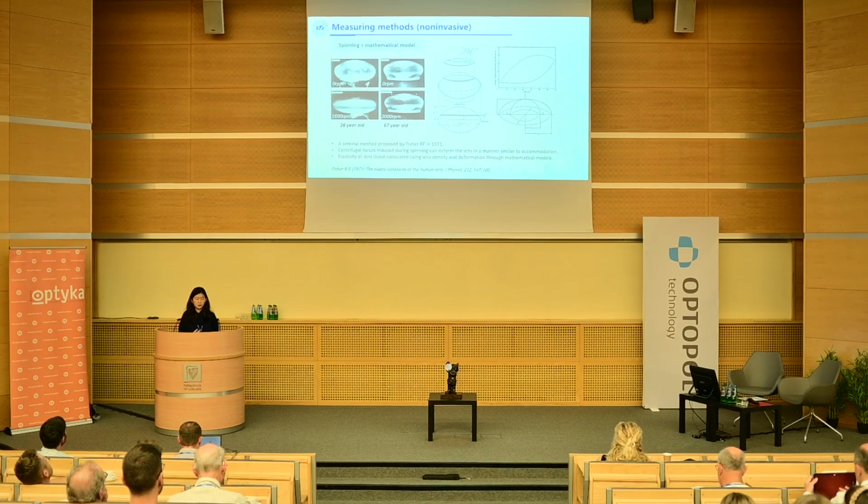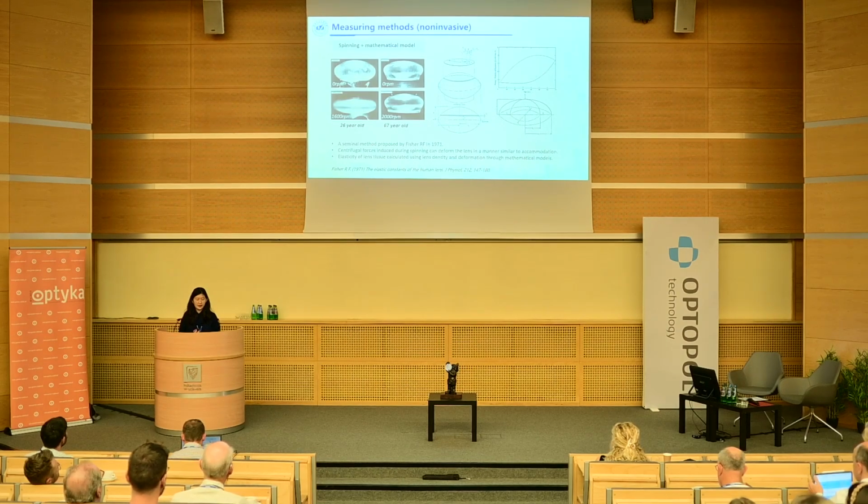Now we can go through some classical methods and how these methods have been applied to the human lens in assessing mechanical properties. The seminal work was the spinning lens test developed by Fisher. He used a rotator to hold the lens and spin it at different speeds. In this method, the lens deforms to a flattened shape, which was thought to mimic the deformation during accommodation.